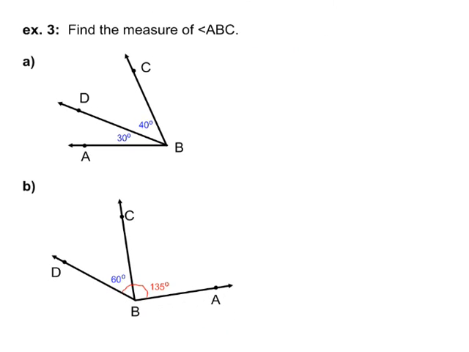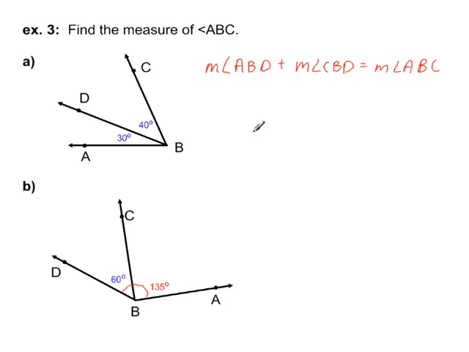Alright, so for example 3 it says find the measure of ABC. So basically what this is telling me is that the small measures add up to give me the large measure. Writing it as a formula, I can use my small angle ABD, add that to angle CBD, and that should equal the large angle ABC, which is the one that we want to find.